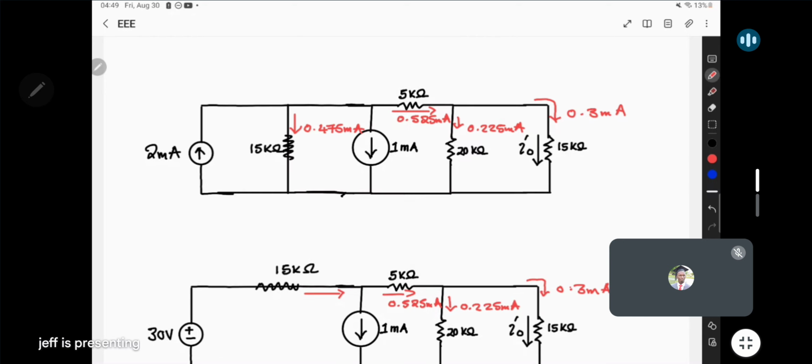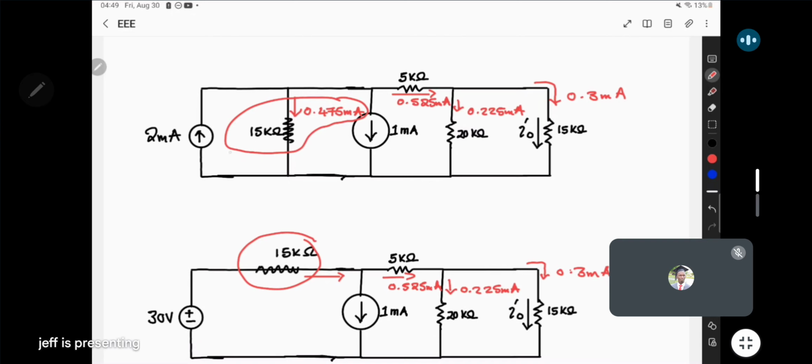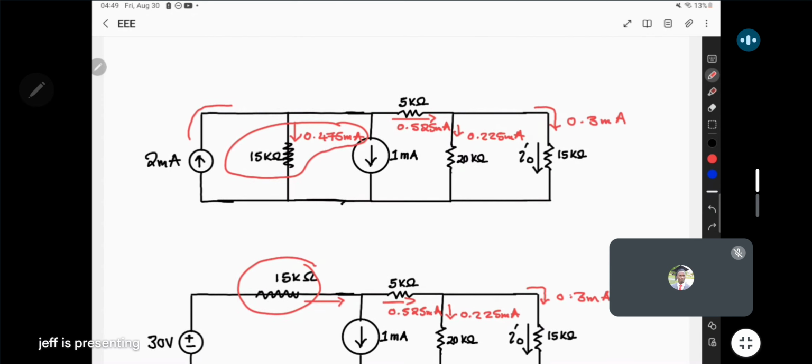Again, don't get confused to say that, okay, since what was passing here through the 15 is 0.475, even here it must be 0.475. No, notice that here there's a contribution of this as well to the mix. So in other words, we want to know the effective current that will be passing through here coming towards this junction.